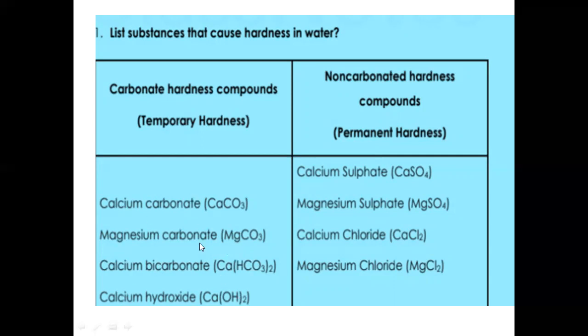They cause hardness, but that hardness is called temporary hardness. And the non-carbonate compounds like calcium sulfate, magnesium sulfate, calcium chloride, and magnesium chloride, chlorides and sulfates of calcium and magnesium, cause permanent hardness in water. And carbonates and bicarbonates of calcium and magnesium, or hydroxides of calcium and magnesium, cause temporary hardness in water.